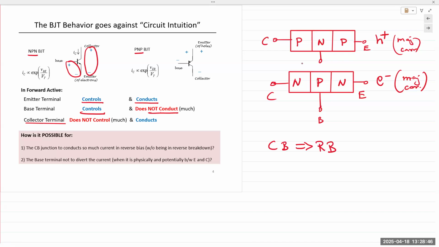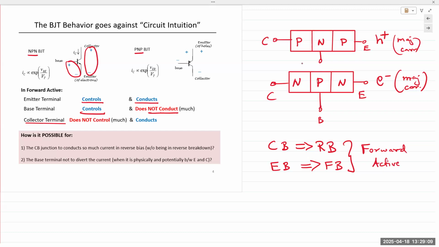And this mode of operation is known as the forward active mode for a BJT. So if the collector base junction is reverse bias and the emitter base junction is forward bias, this is known as the forward active mode, sometimes simply known as the active mode.